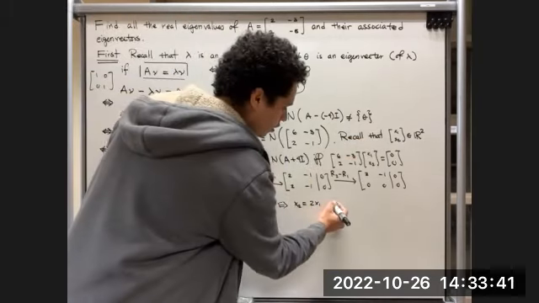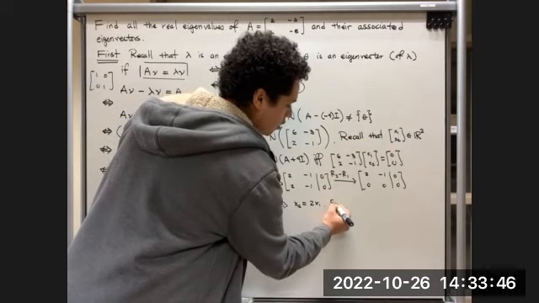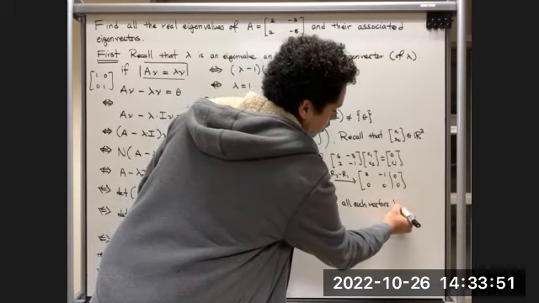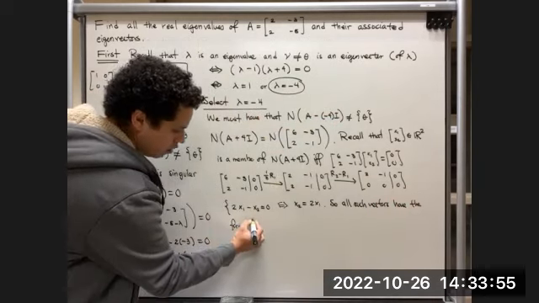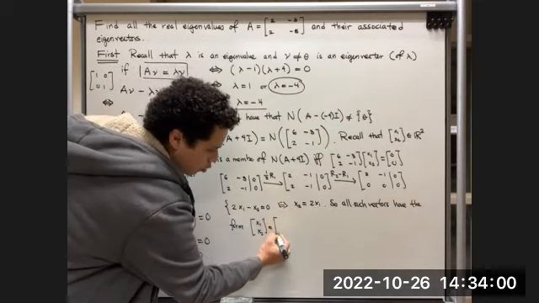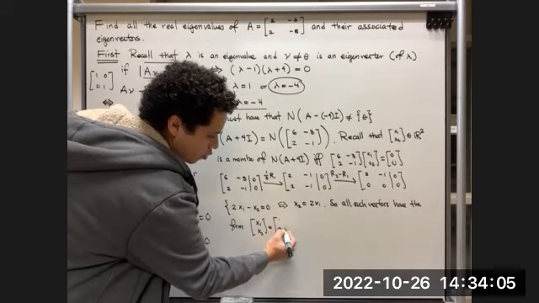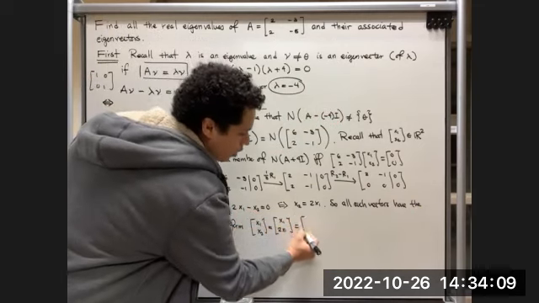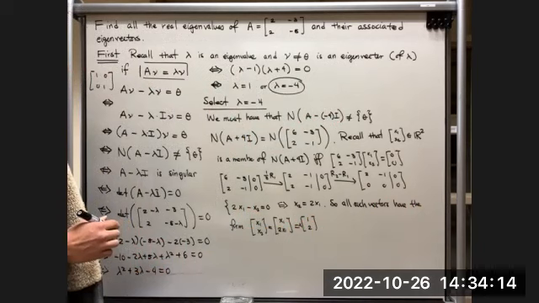In other words, all such vectors have the form (x1, x2), but with this additional condition, we have that x2 is just 2x1 and x1 is just x1. But from here, look, I can extract the following. This is just (1, 2) times x1.